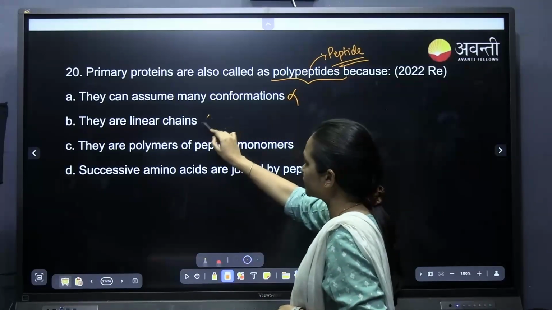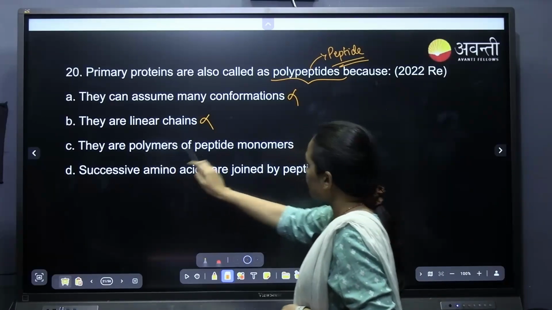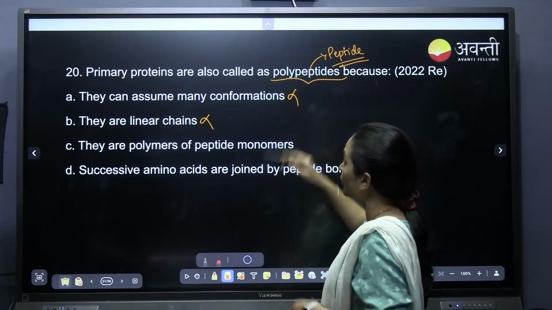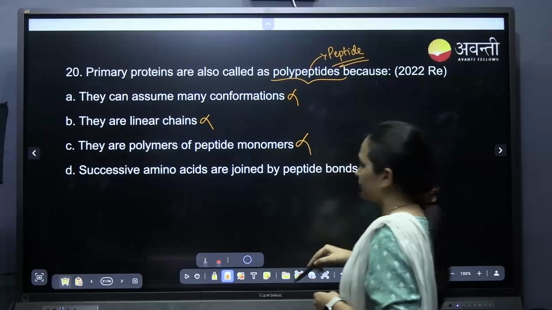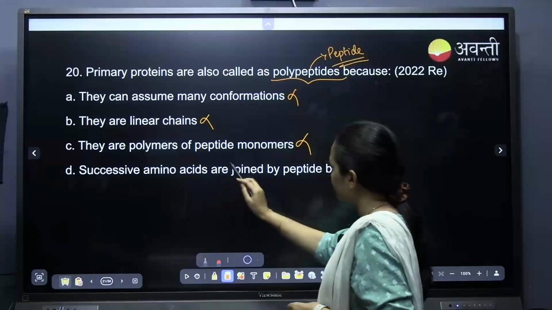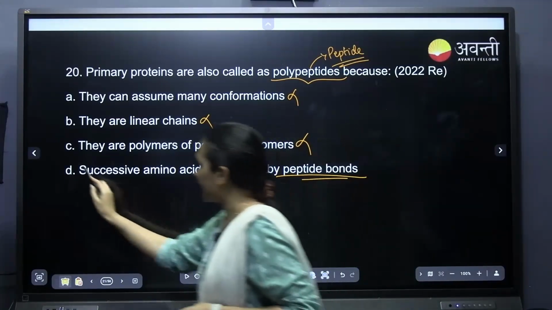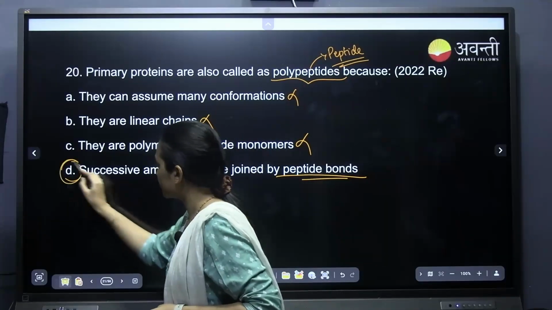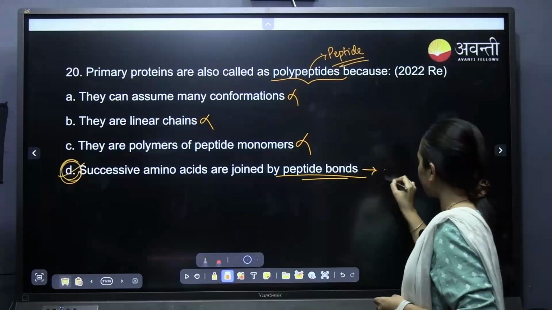This statement doesn't explain why they are called polypeptides. They are polymers of peptide monomers. Yes, this statement is true, but it has to explain why it is called polypeptide. Peptide monomers are there, then why is it called polypeptide? It doesn't explain. The successive amino acids are joined by peptide bonds. Yes, this particular statement actually explains why it is called polypeptide.